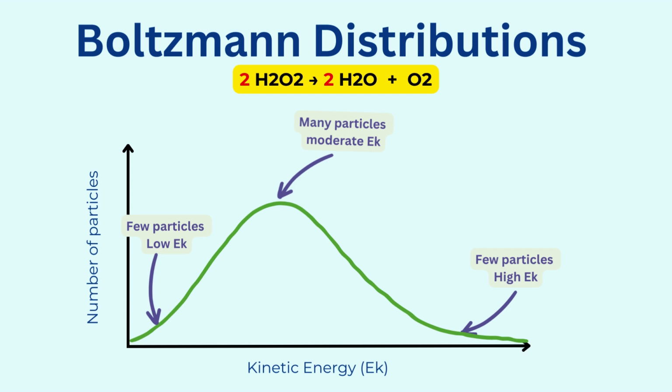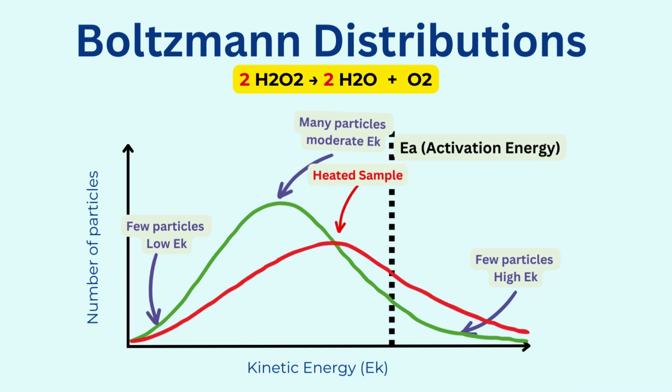Its decomposition to form water and oxygen requires a relatively high activation energy, making the reaction non-spontaneous. On our Boltzmann distribution, we place the activation energy to the right of the peak. When we raise the temperature, the distribution shifts rightward, with more molecules gaining higher kinetic energies.